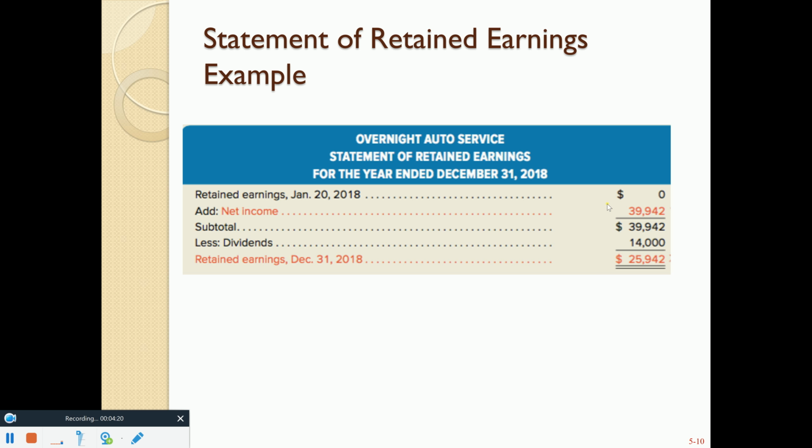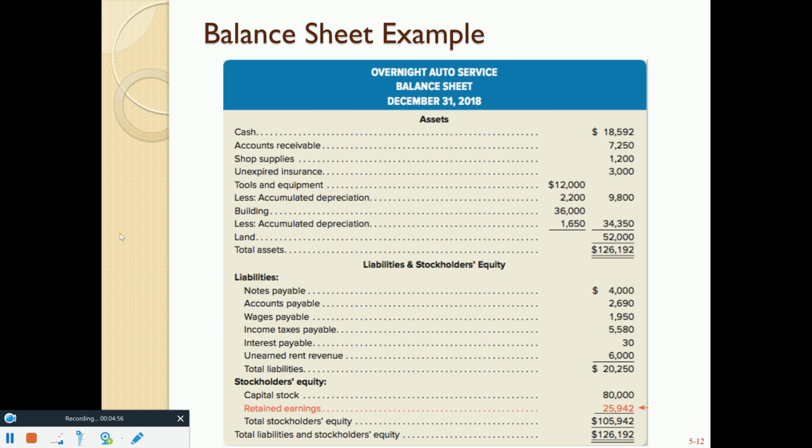So we're going to add net income, $39,942. You should remember this number because that was the result of the income statement. And what is net income? This is basically the revenues minus the expenses. It's the R minus the E. And there's your subtotal, and here's your D, less the dividends. So the retained earnings at the end of the year is $25,942. Remember this number because we need it for the next financial statement, and that is the balance sheet.